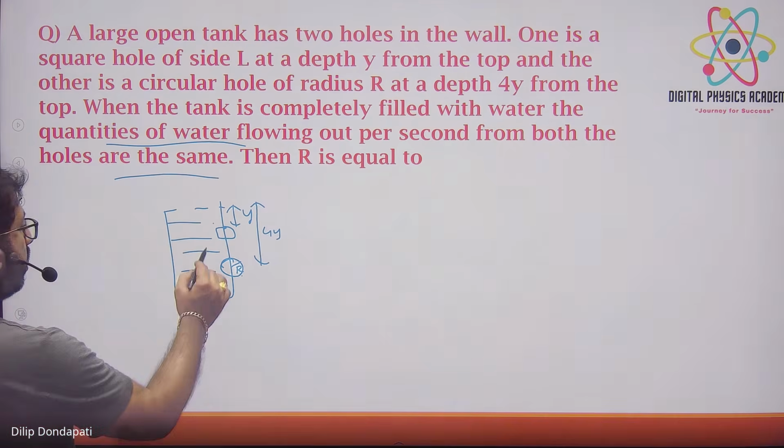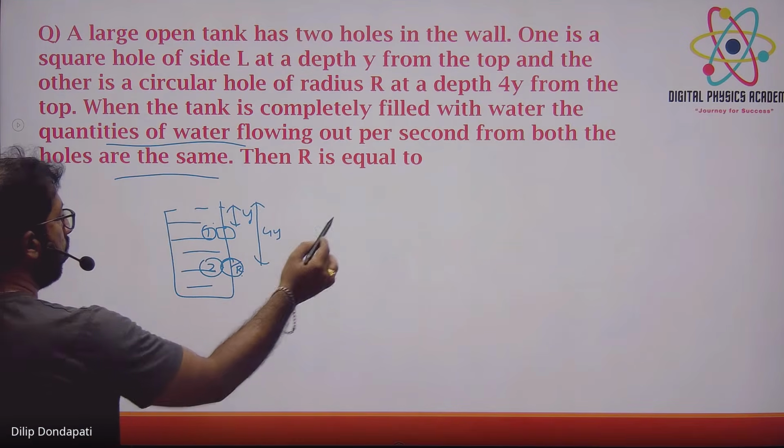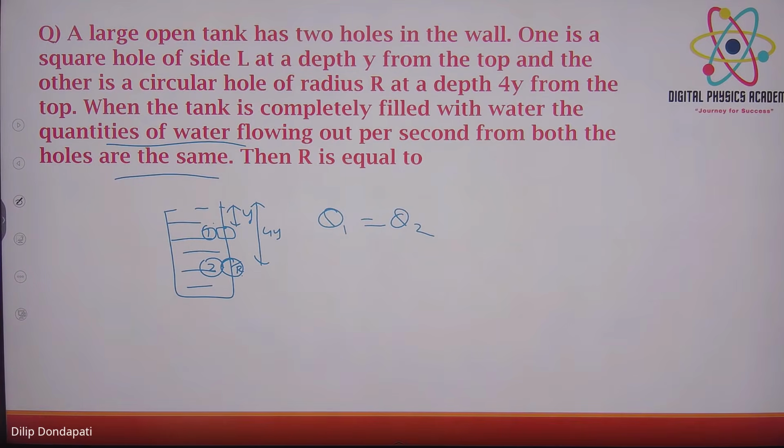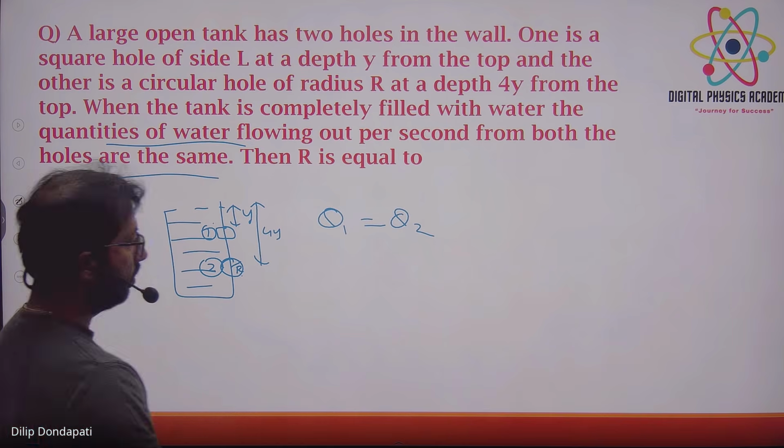So at this point and this point, Q1 is equal to Q2. Now solve. Rate of flow is the same in both. Options will be given.